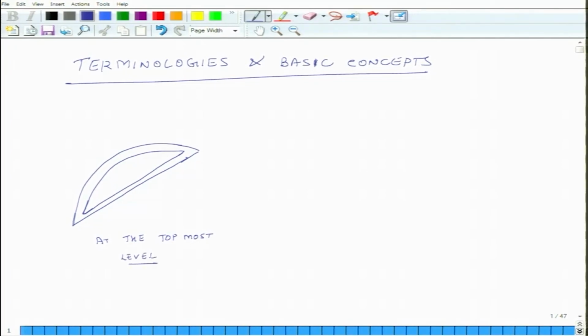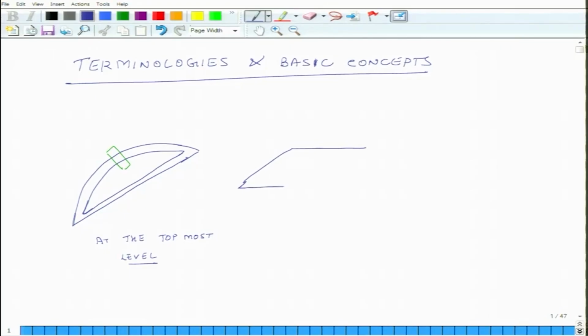And then if you look at this material a little more closely, you take this small piece and look at it more carefully, you will see that the material may be composed of several layers.